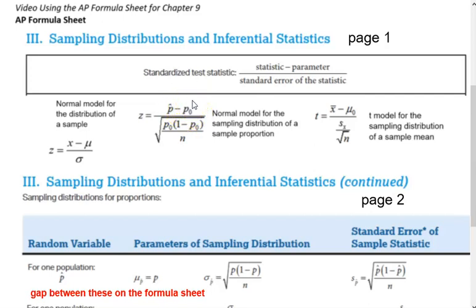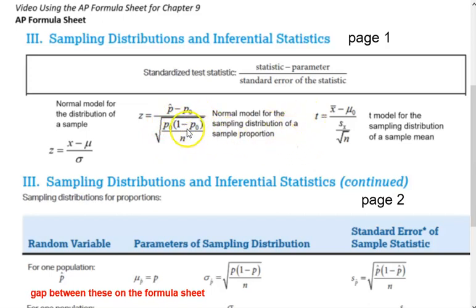And of course, if we're doing a hypothesis test, that population parameter would be our p naught, our null hypothesis value for p. And then the standard error of the statistic is this formula here.